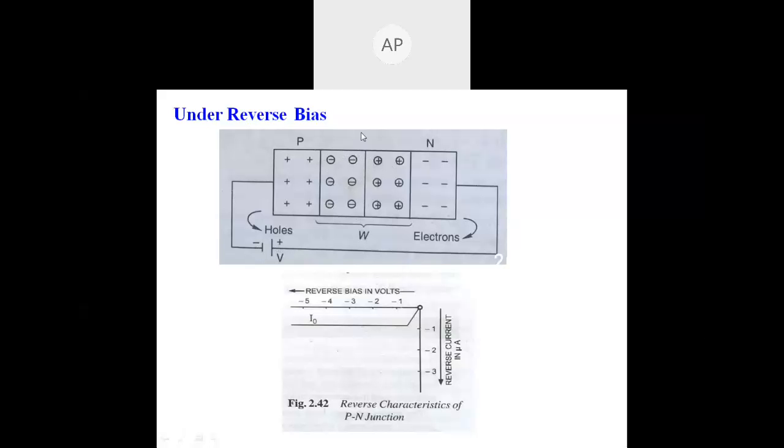So it means a stronger electrostatic field is developed, more force is developed, so we need more potential.